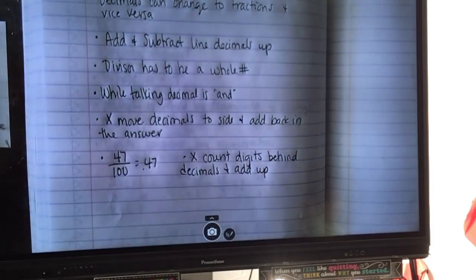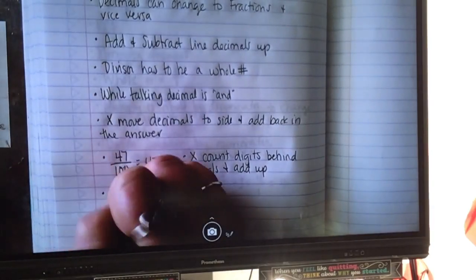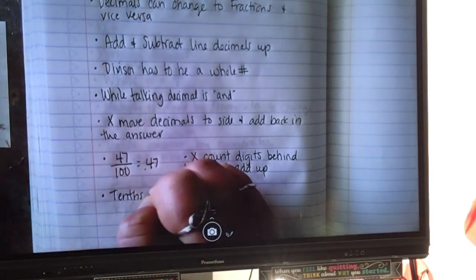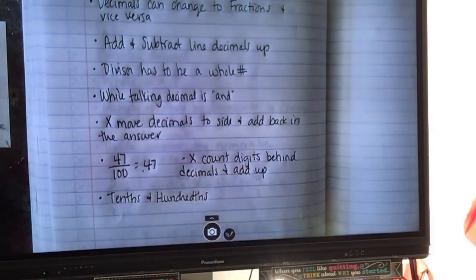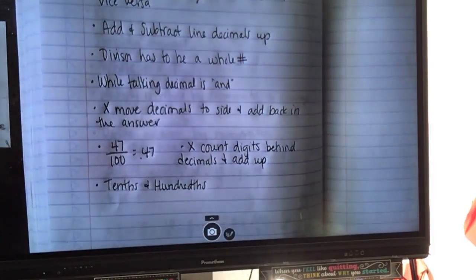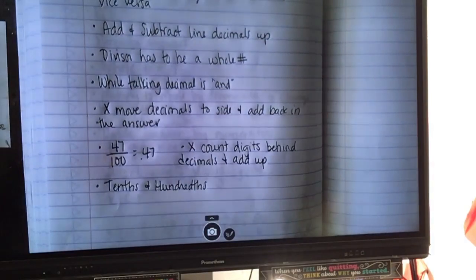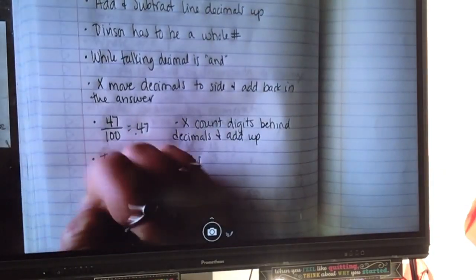There's tenths and hundredths instead of like tens and hundreds. Alright. Anything else anybody wants to put on here? Yeah, Jonathan? However, 0.1 equals 10, 0.01 equals 100, and 0.001 equals 1,000.